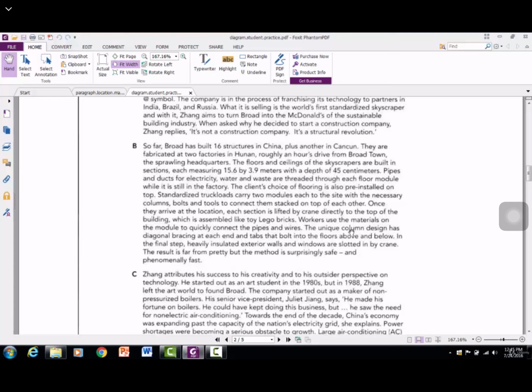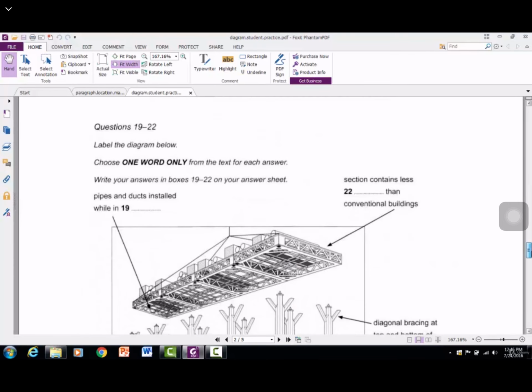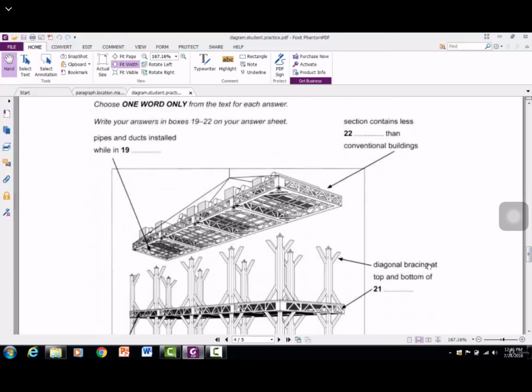See how that works? A lot of times what you have to be aware of is that the word order may be switched up between the question and the passage. Here it says diagonal bracing at the top and bottom of a column. In the passage, it says there's a column at each end.